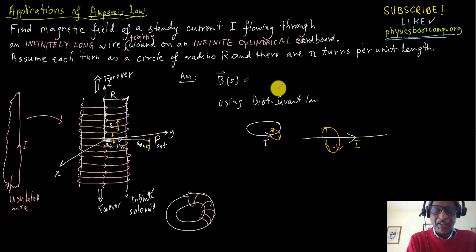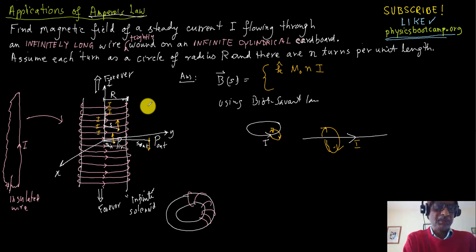But what we get is actually, of course, in the k hat direction, if it's going this way, mu naught n, where n is the number of turns per unit length, times I, the current in each one of the wires. Each one is carrying current I, because it's kind of like a circuit.